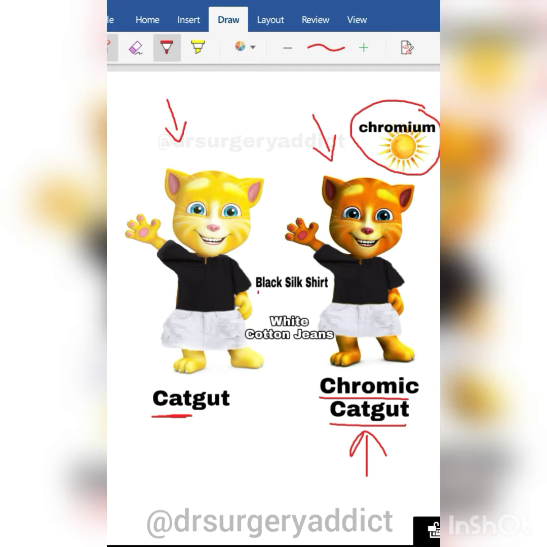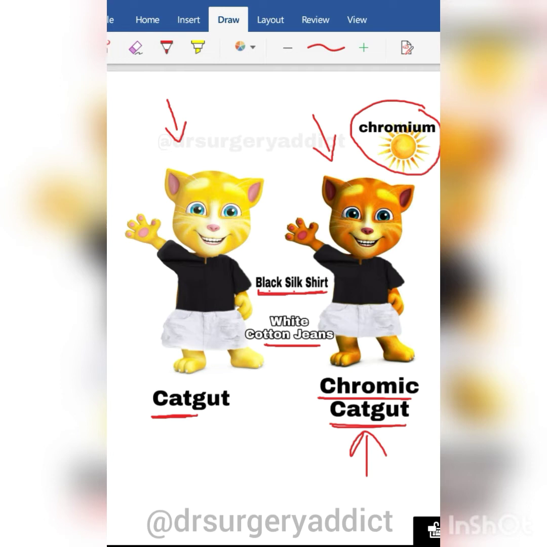These cats wear a black silk shirt, so silk suture is black, and all wear white cotton jeans, so cotton suture is white. Revise this. Catgut is yellow in color. Chromic catgut is brown in color. What is silk? Silk is black in color. What is cotton? Cotton is white in color. So this will help you remember the colors of the common suture materials.